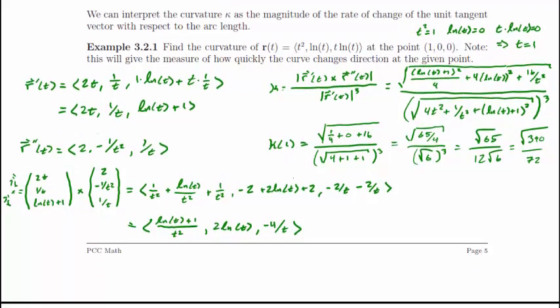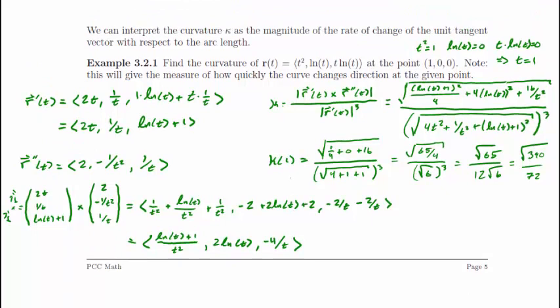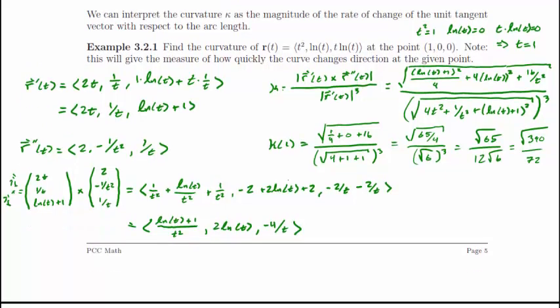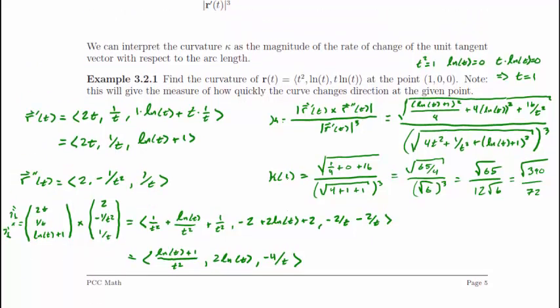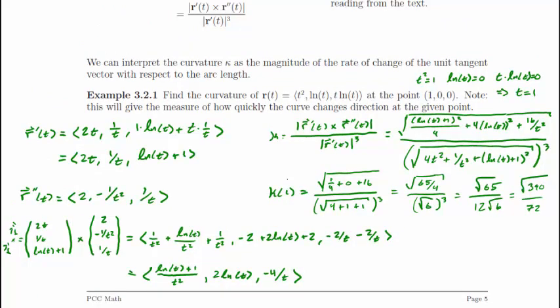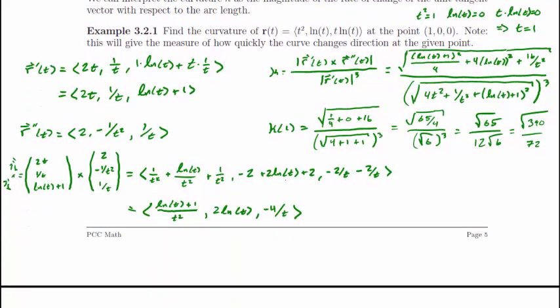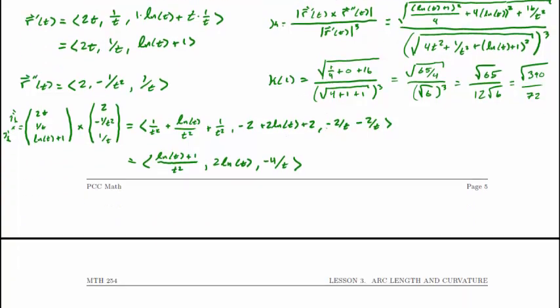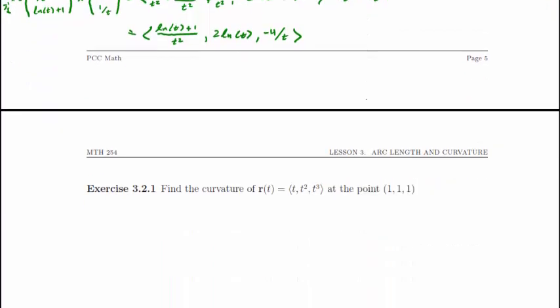So that could be a fun exercise for you if you wanted to set all of this up in GeoGebra, where you program in the derivative, the second derivative, automatically given a certain function, and then get it to take the cross product for you, all of those things, the magnitude thereof. The computer can do all of that and then just pop out our numbers automatically.